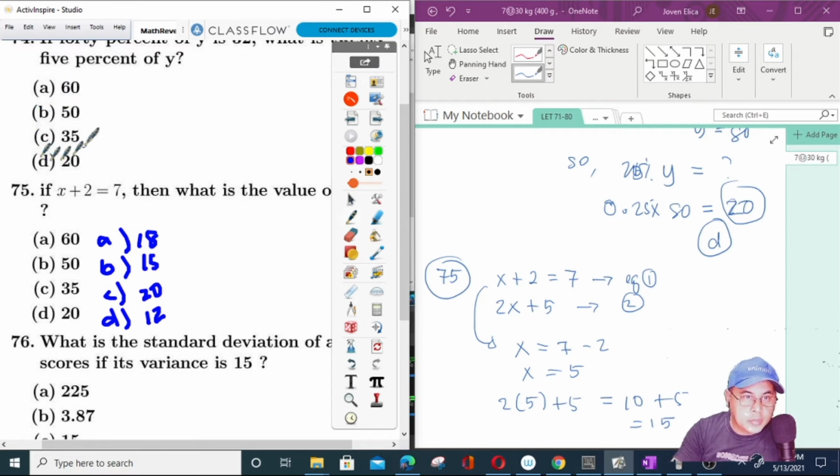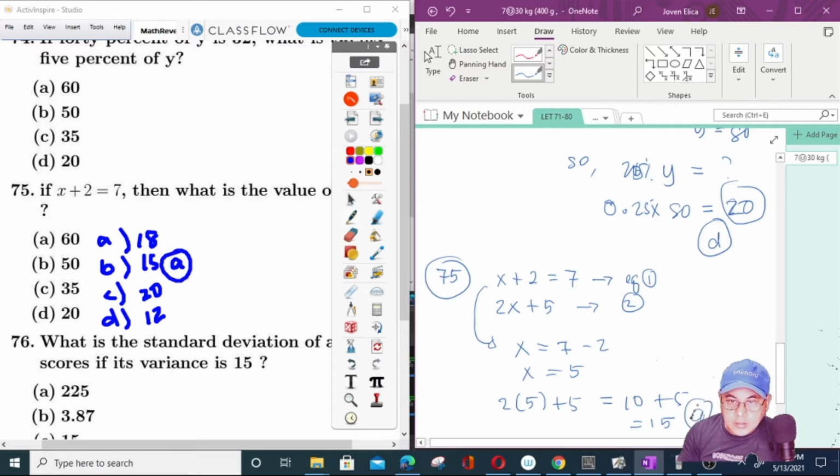There's a typographical error because choices number 74 and 75 are the same and supposed to be this one. So the answer should be letter A, 15. Okay, our solution is correct. Only the choices had a typographical error.